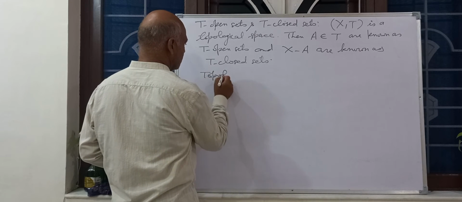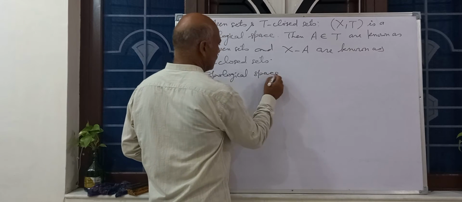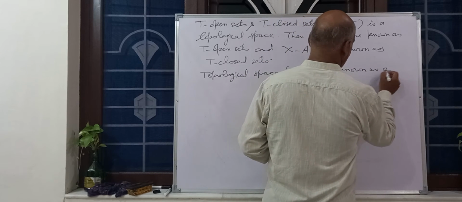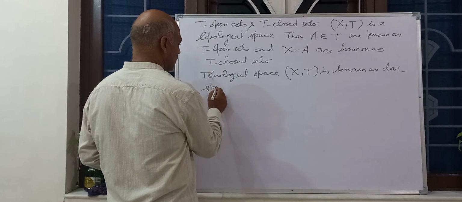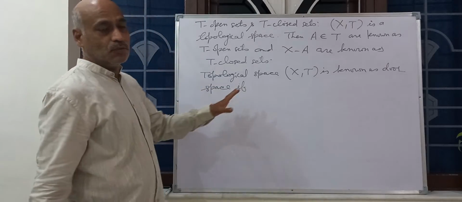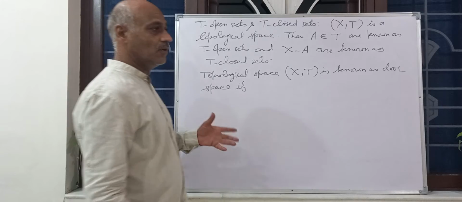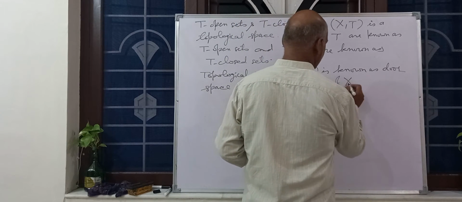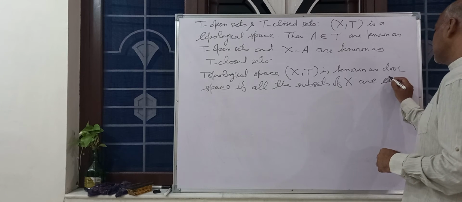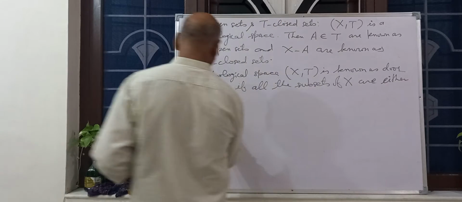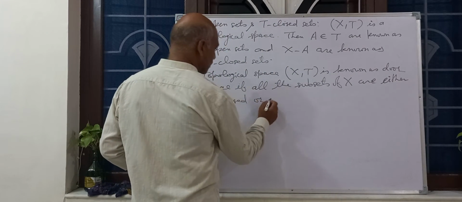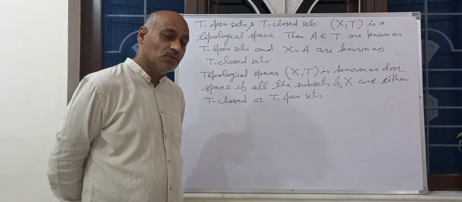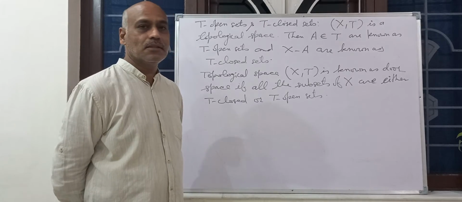A topological space (X, T) is known as a dual space if all the subsets of X are either T closed or T open sets.